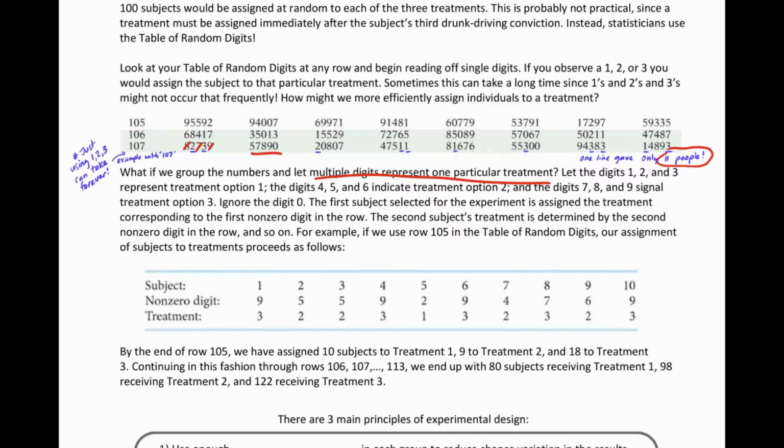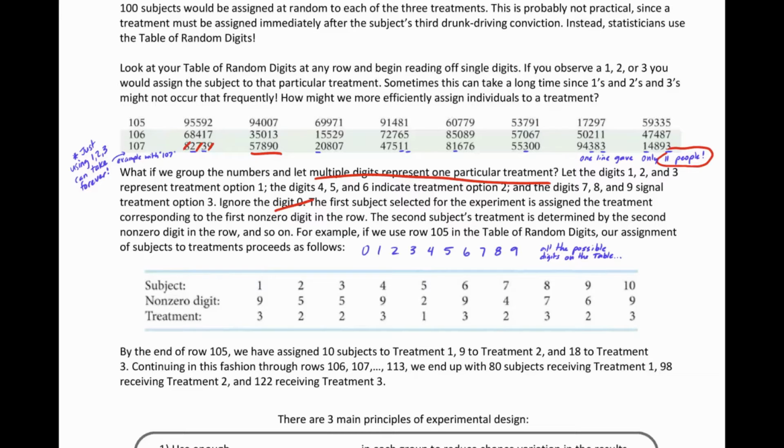What we're going to do, though, since we have 10 total digits, 0 through 9, is ignore the digit 0. It doesn't push anyone into one of the particular treatments. But this is a lot better than having 8 be an extra, 7 be an extra, 9 be an extra, 5 be an extra, 0 be an extra. We have all those extras. Now we're using our digits a little bit more smartly.